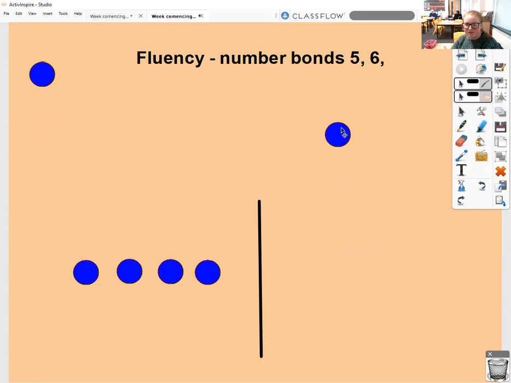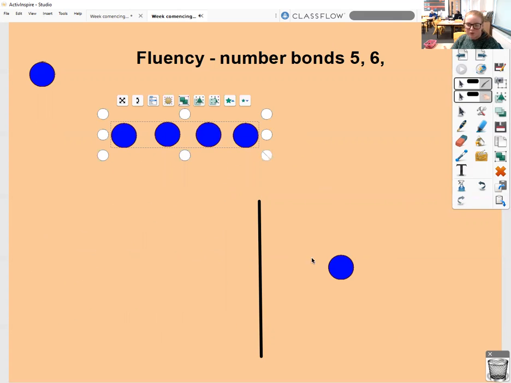Our first part is 4. Our other part is how many? Is 1. The whole is 5. So we can say 4 plus 1 more equals 5, or we can say one part is 4, one part is 1, the whole is 5. If that number bond started with 4, what is our next number bond going to start with?